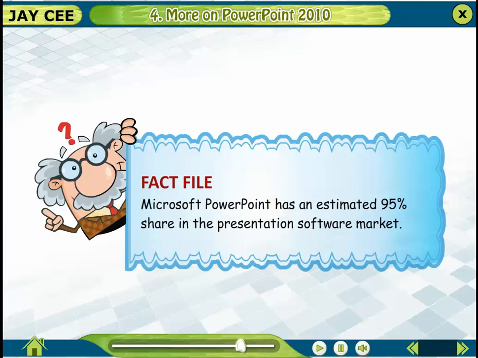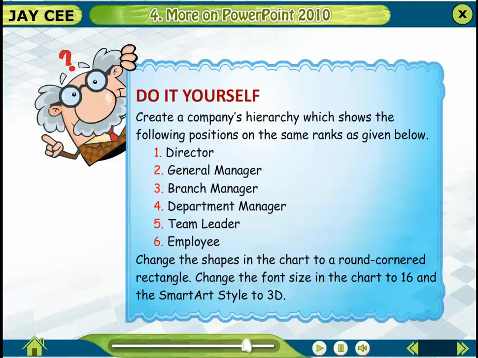Fact file. Microsoft PowerPoint has an estimated 95% share in the presentation software market. Do it yourself. Create a company's hierarchy which shows the following positions on the same ranks as given below. 1. Director. 2.